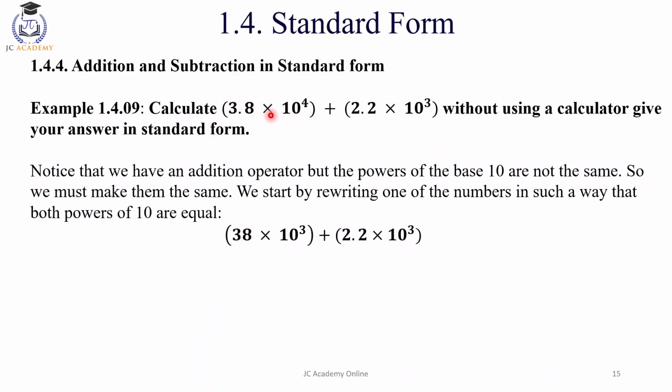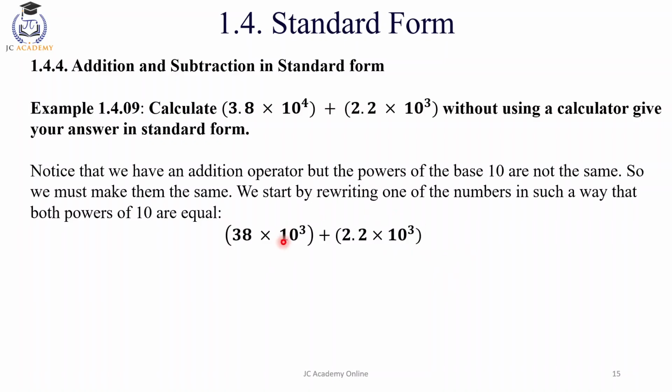For the left-hand side number, if we move the decimal place 1 place to the right, then we know that we reduce the power by 1 to keep it equivalent. So we have 38 times 10 to the power of 3, and the right-hand side we just leave as it is.